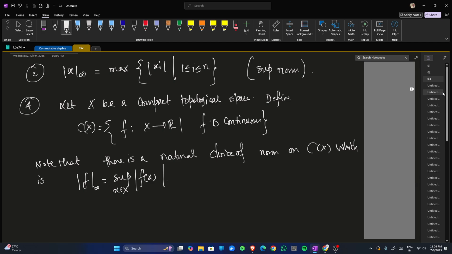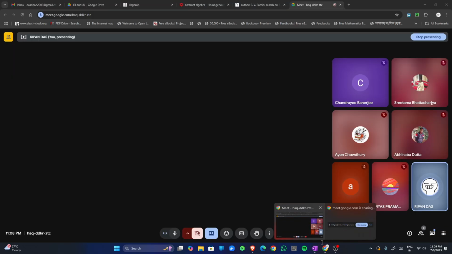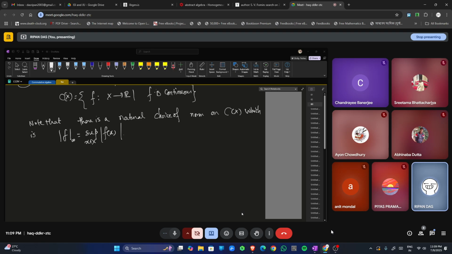Now we move on to the next theorem. Okay. So is it true that every vector space has a basis? For the finite dimensional case, it is true. And what about infinite dimensional?